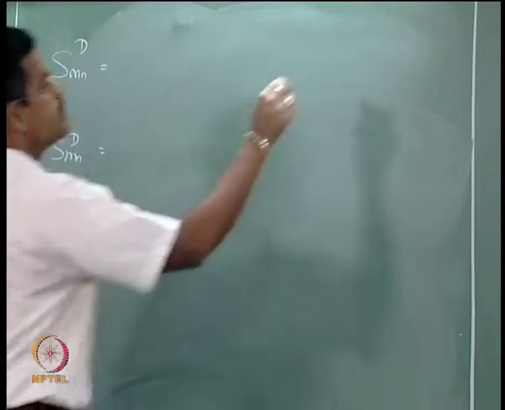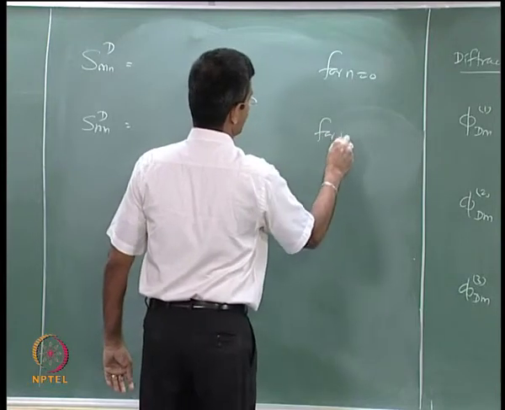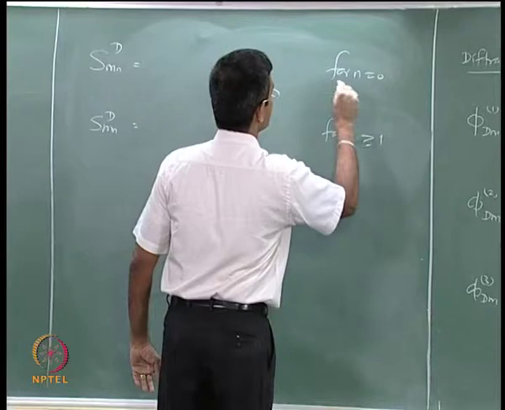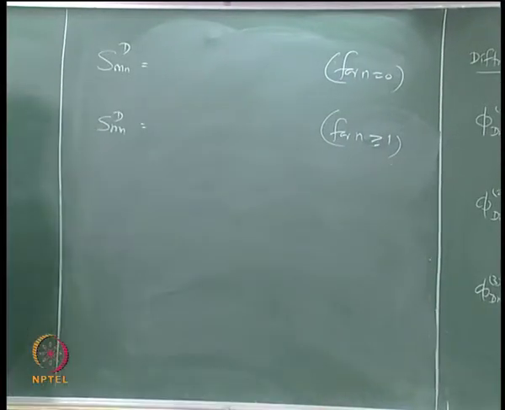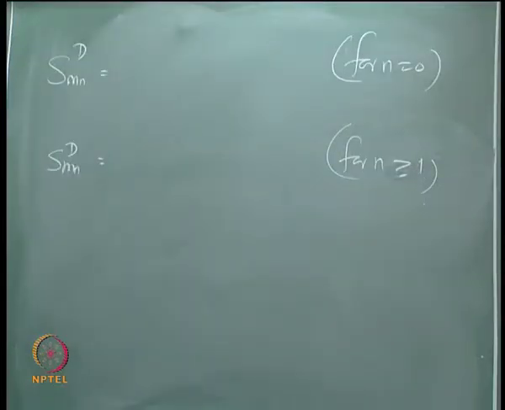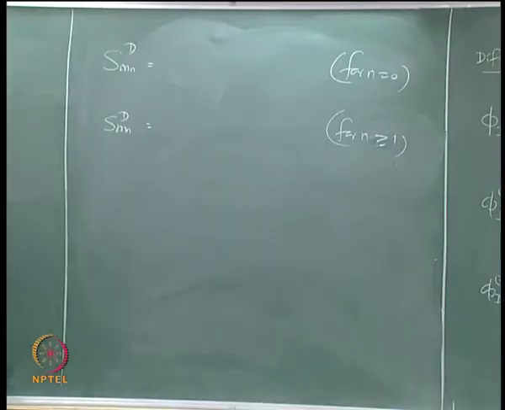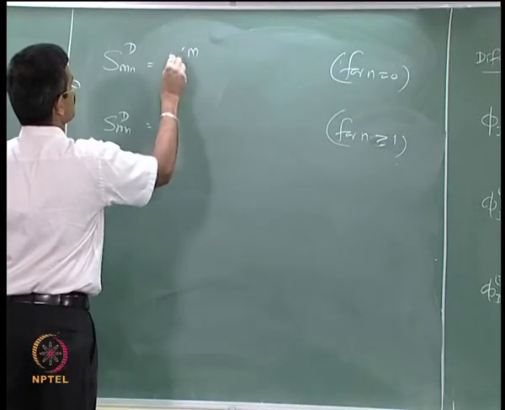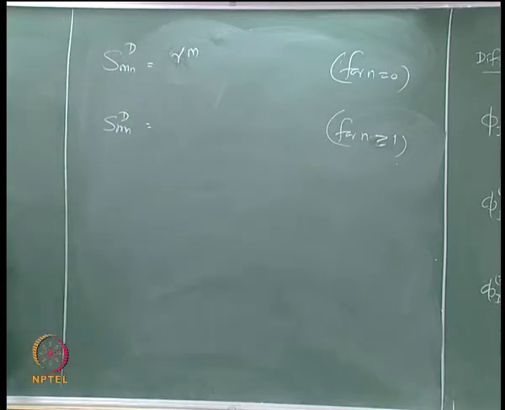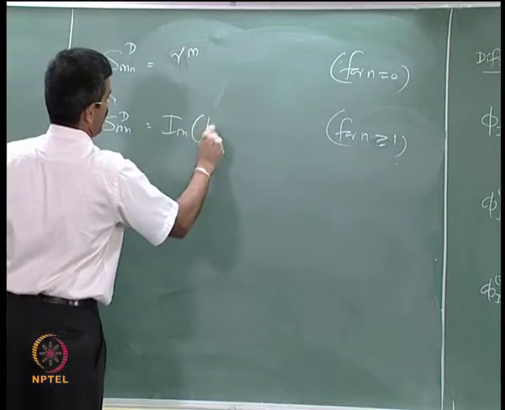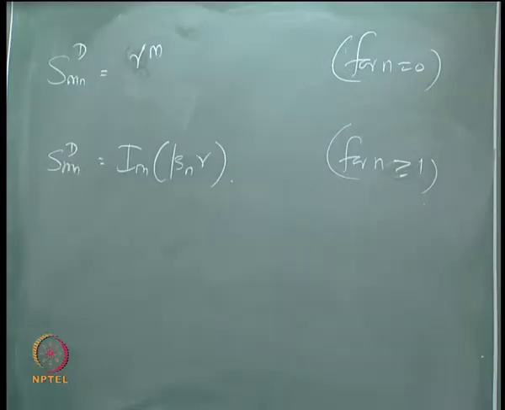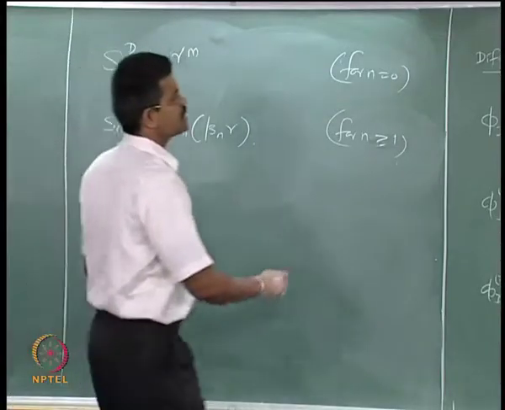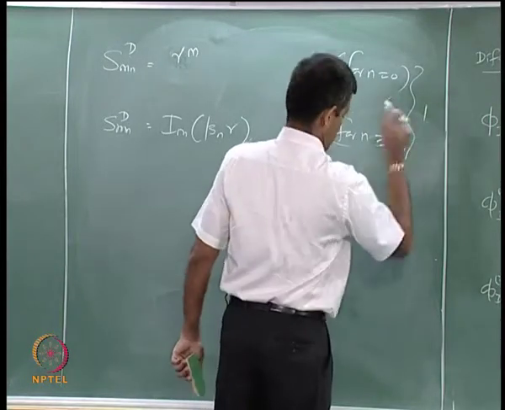Smn of d for n equal to 0 and n greater than 1 is simply equal to Rm, this is R, and this is Im of beta m. We call this equation number 17.